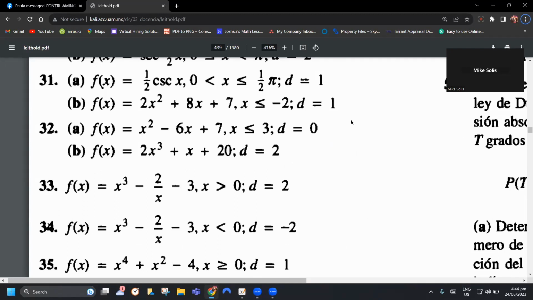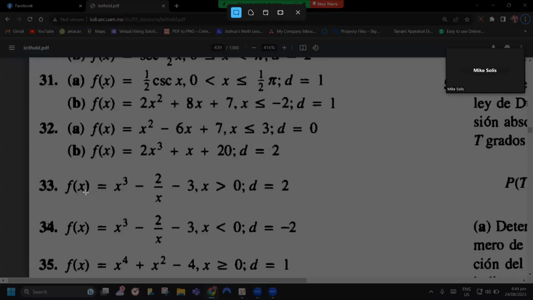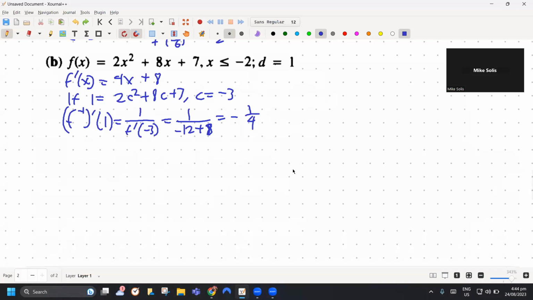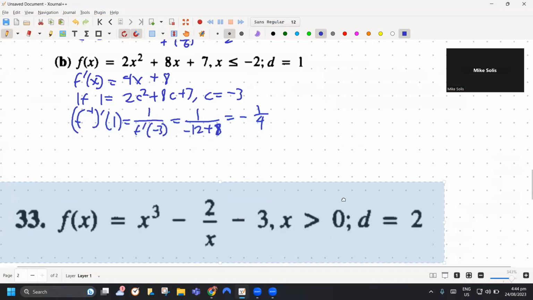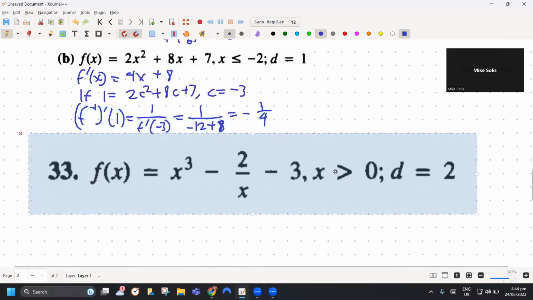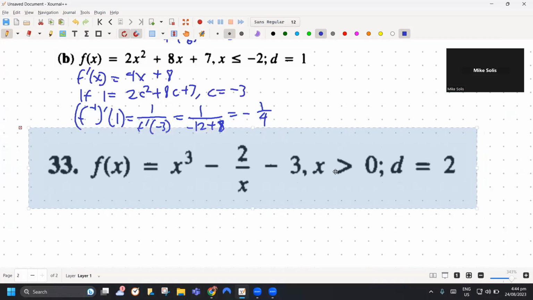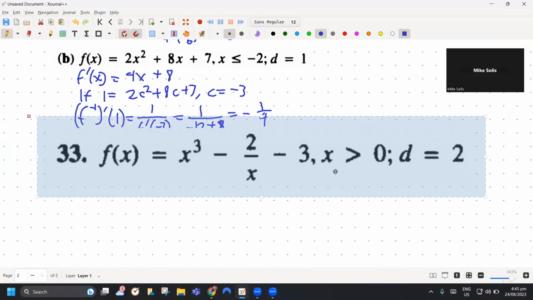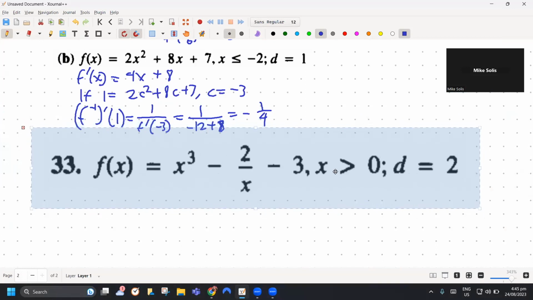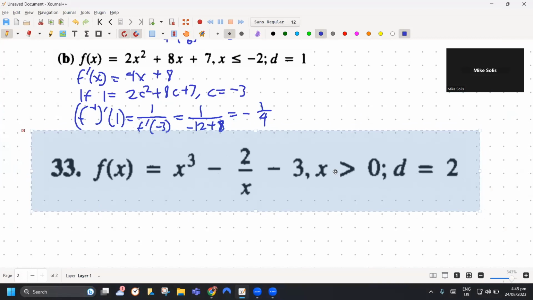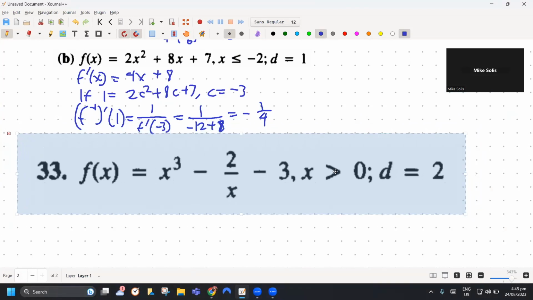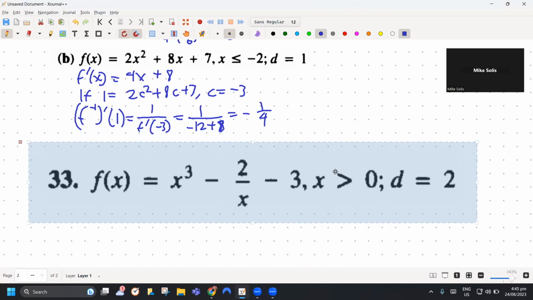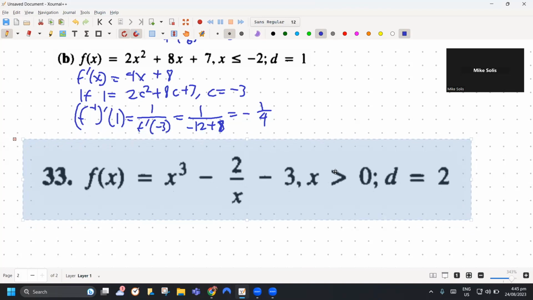So, number 33 naman. Minus 3. x is greater than 0. Minus 3, c.